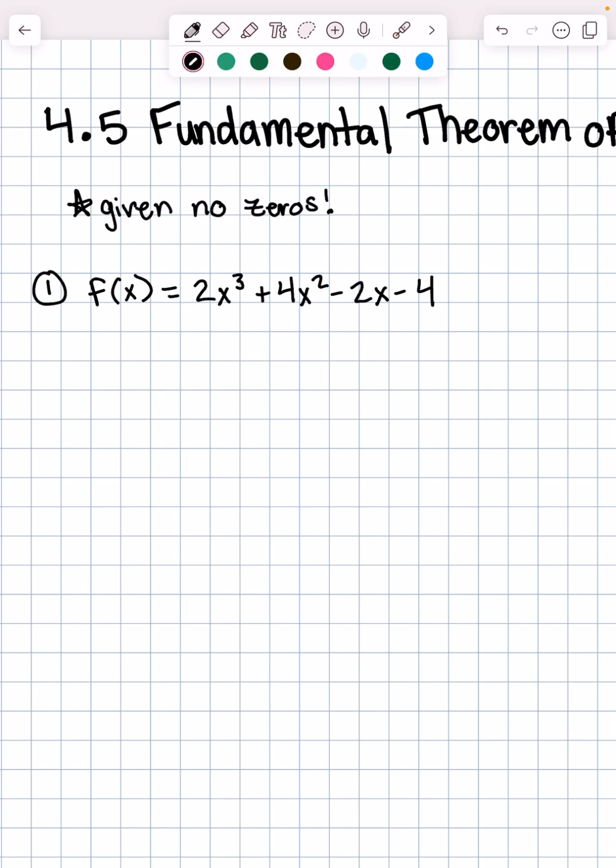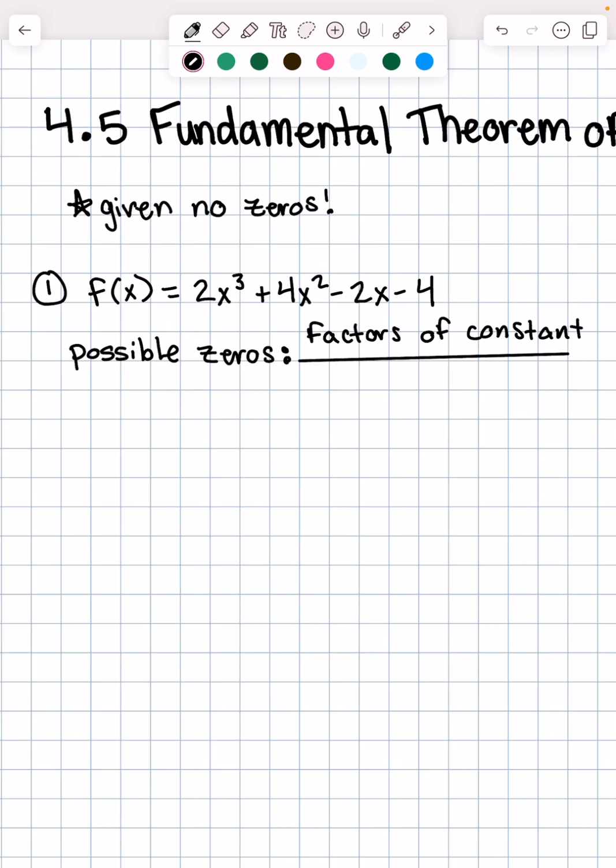So let's start just as a review by listing out our possible zeros, which remember are the factors of the constant divided by the factors of the leading coefficient.